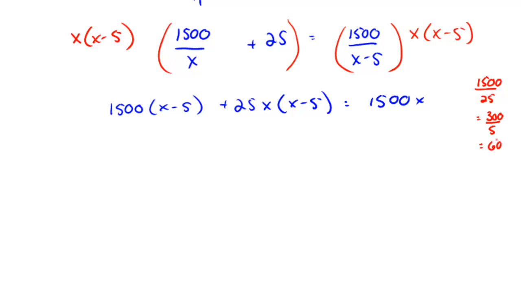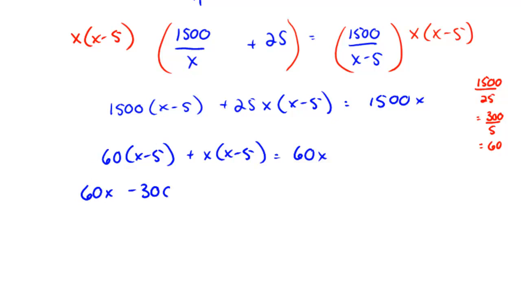So if we divide both sides by 25 now, we get that 60 onto x minus 5 plus x onto x minus 5 is equal to 60x, and that's going to be a lot easier to solve since the numbers are substantially smaller. So multiplying through, we get 60x minus 300 plus x squared minus 5x equals 60x.